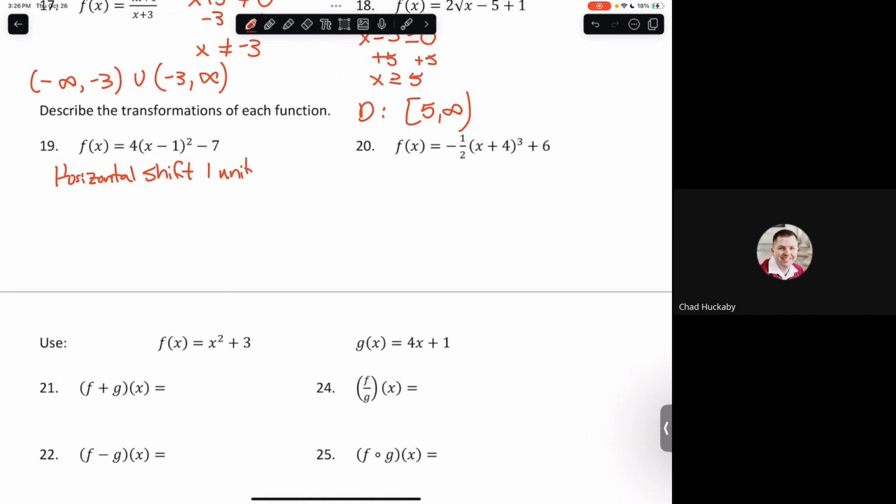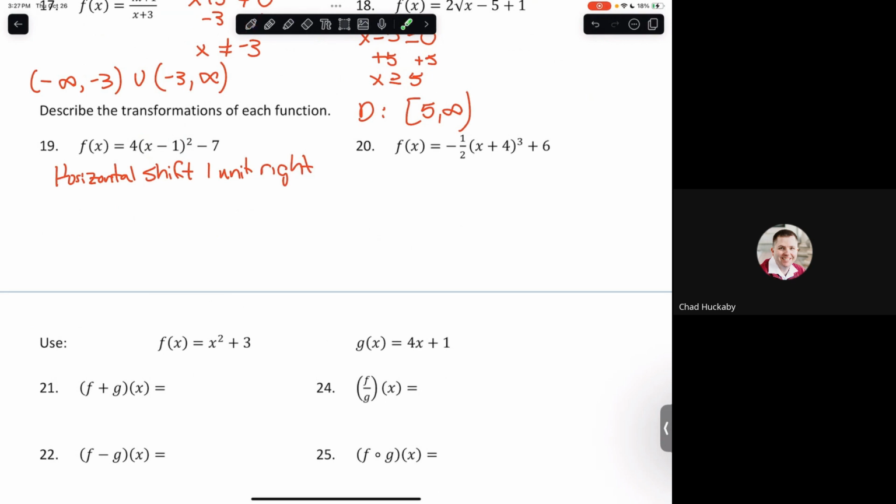Because it's inside the function. Is it right or left? Left. Well, you think that it's left because it's the minus. But because it's inside our function, inside the squaring function here, it's actually the opposite of what you would think. So it's a shift right.